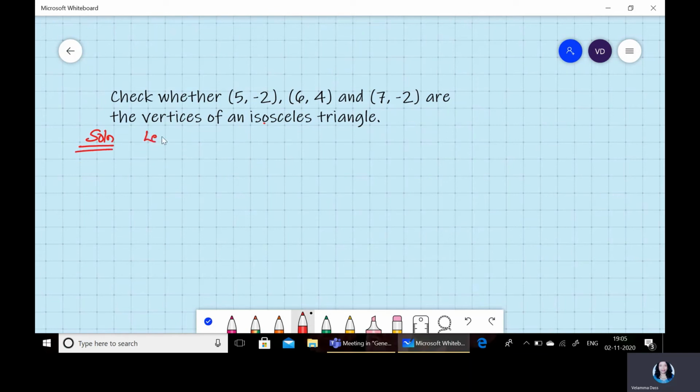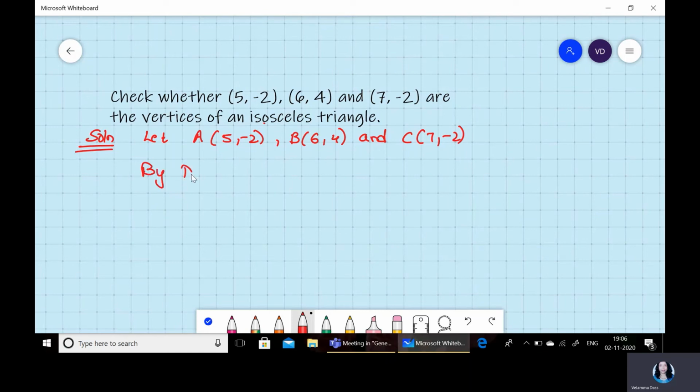So here again, to start with, we will write let A be 5, minus 2, B be 6, 4, and C we are taking 7, minus 2. So we'll find AB, BC and AC and check whether two lengths are equal. If the two lengths are equal, then we will say that the triangle is an isosceles triangle.